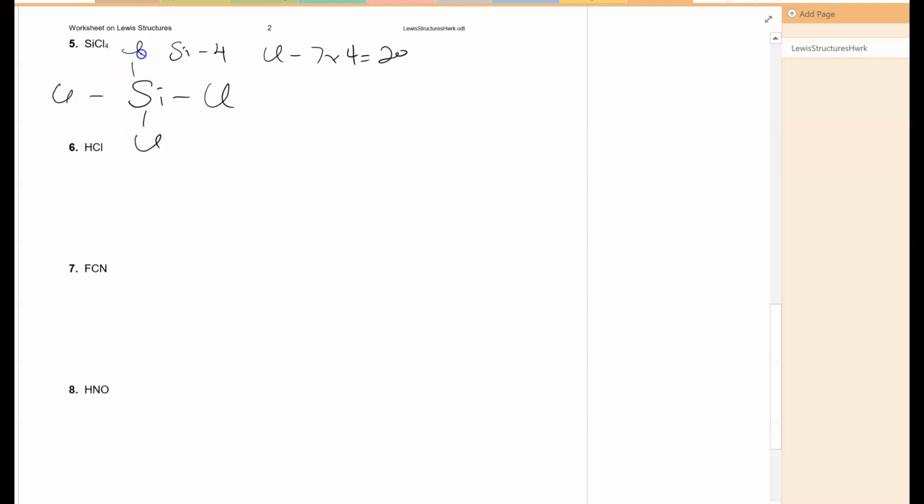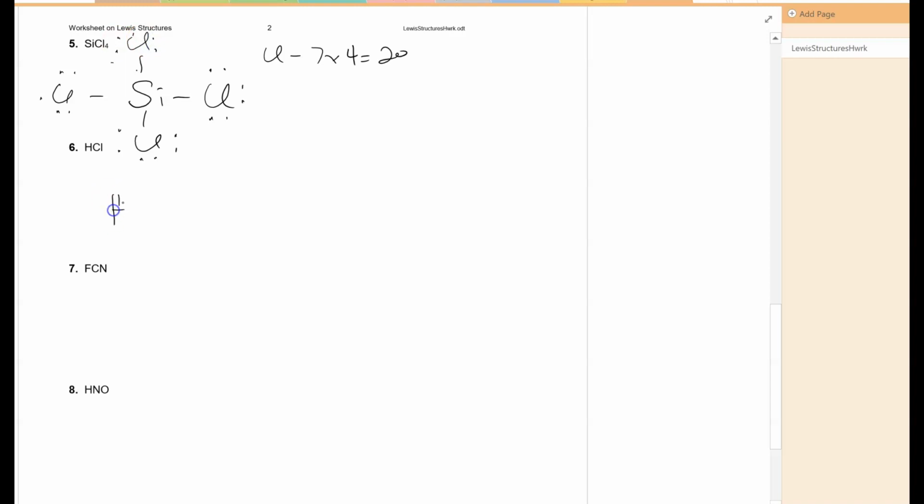And then we'll go ahead and put all the lone pairs. I don't know why OneNote is not working with me today. Okay. So that's what that looks like.